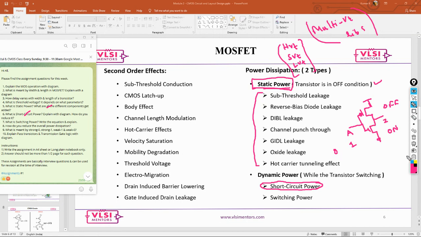Now this guy would go from off to on, and this guy would go from on to off. During this process, there would be some time where there will be a direct path. Whatever power gets consumed during that time is what we call short circuit power.